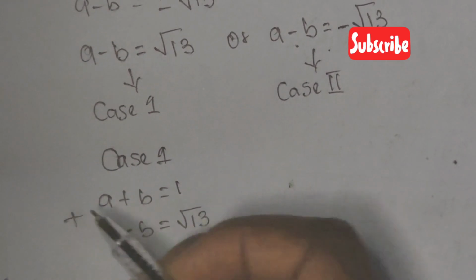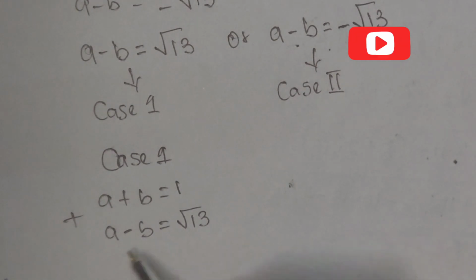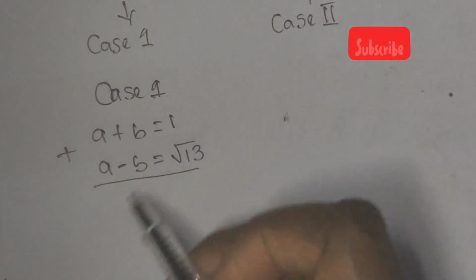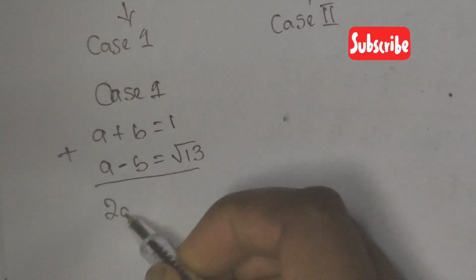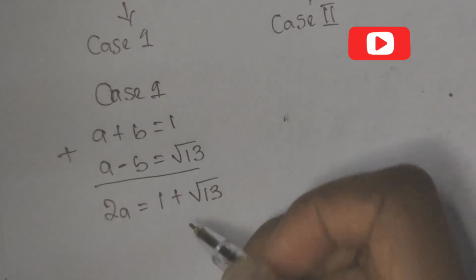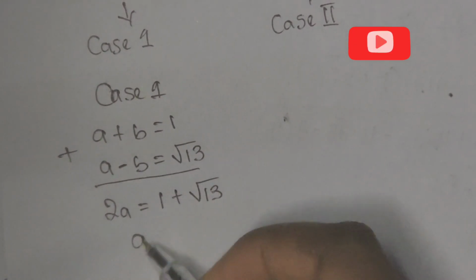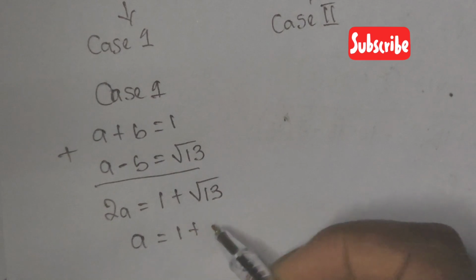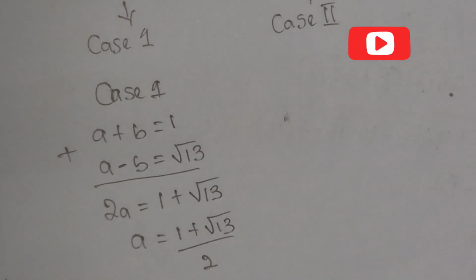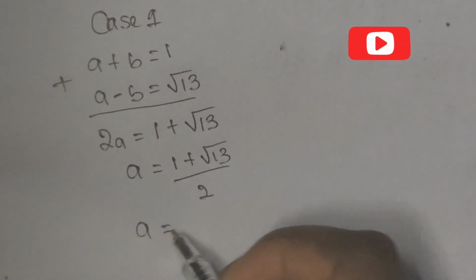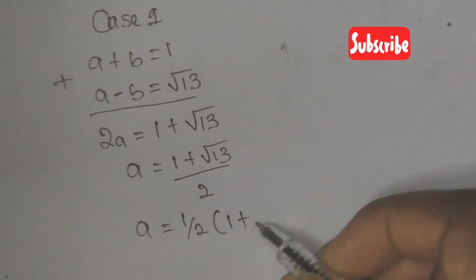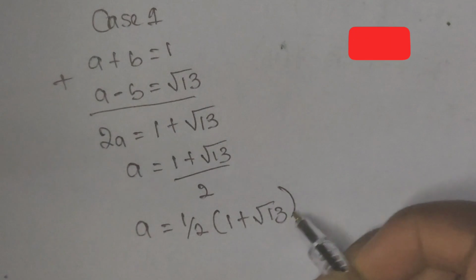So let's add these two equations together. We'll be having 2a equal to 1 plus root 13. It simply means that a is equal to 1 plus root 13 over 2. So this means that a is equal to 1 over 2 times 1 plus root 13.